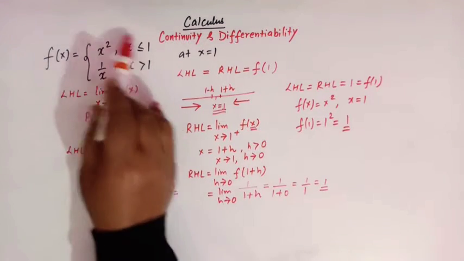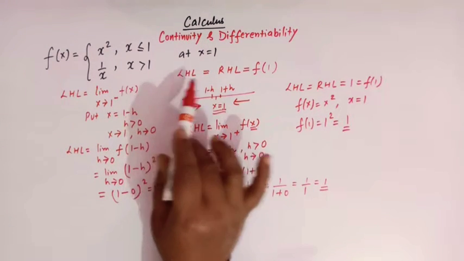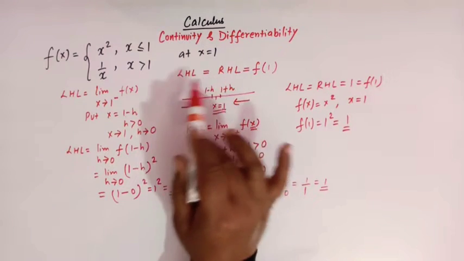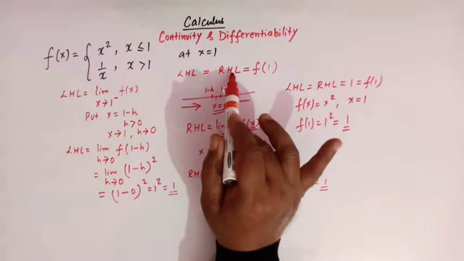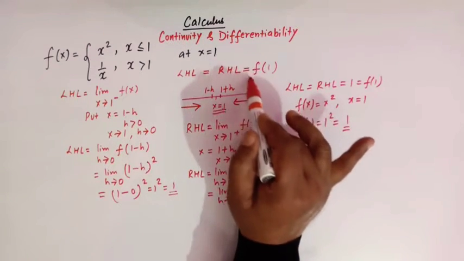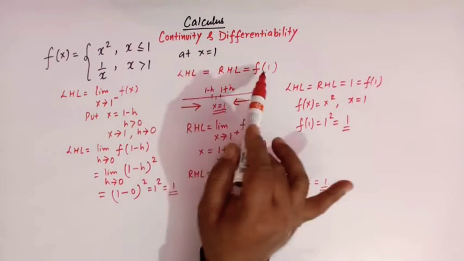So now this function fulfills all the criteria for a function to be continuous, right? The left hand limit and right hand limit both exist, they are finite, and both these limits are equal to the value of the function at x is equal to 1.